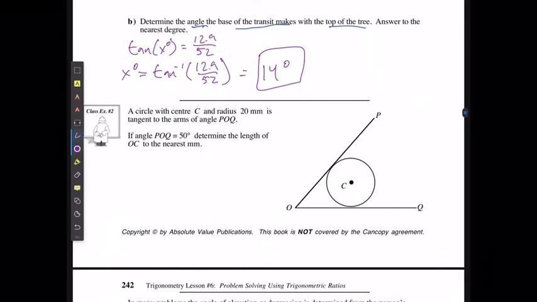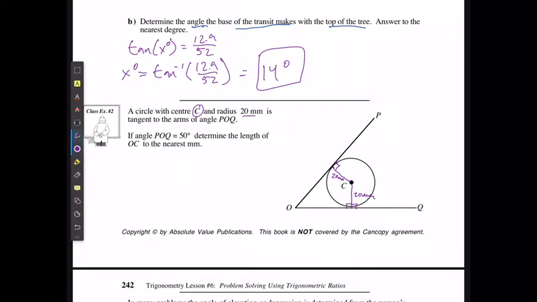For example 2, a circle with a center at C and a radius of 20 millimeters is tangent to the arms of angle POQ.